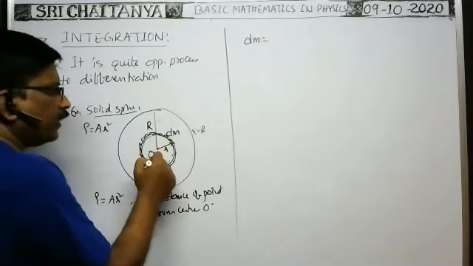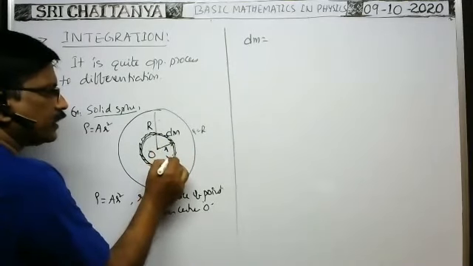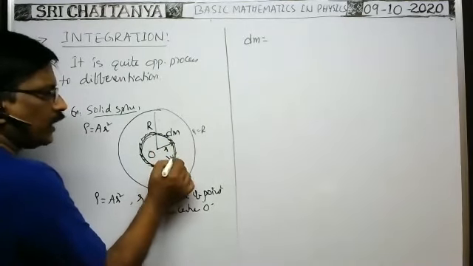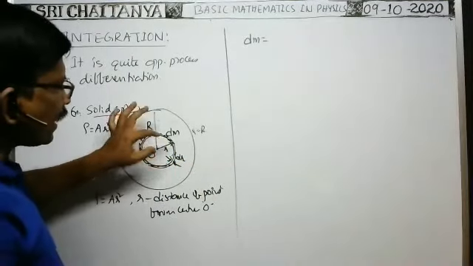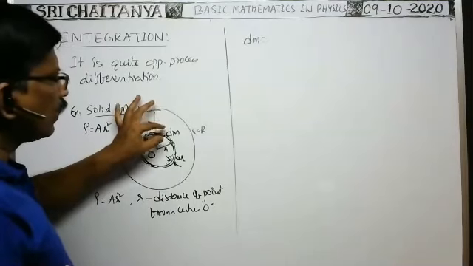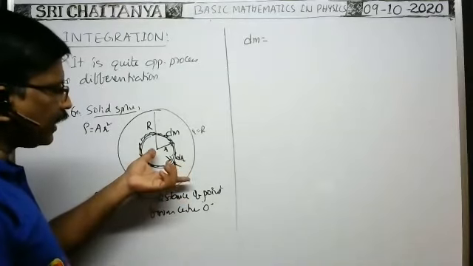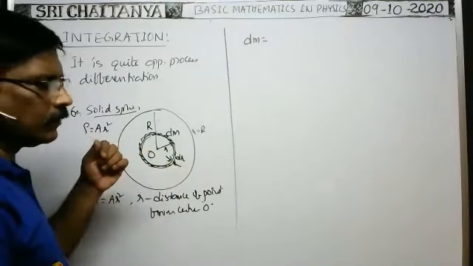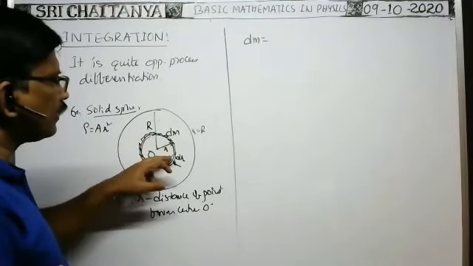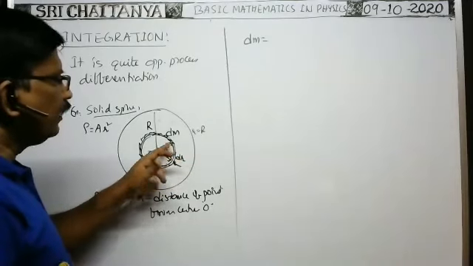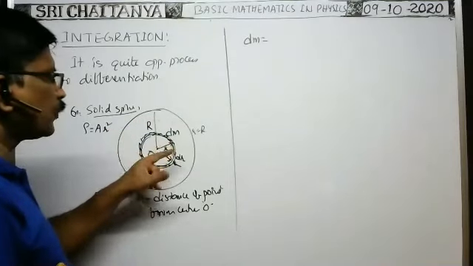What is its volume? Let its radius be small r, and its thickness, that is the wall thickness, be very small, so we take it as dr. As the thickness is very small, it can be represented with dr or dx; if the thickness is large we cannot represent it like this. The spherical shell has radius r and very small thickness dr, so the inner radius and outer radius of the spherical shell are almost the same.